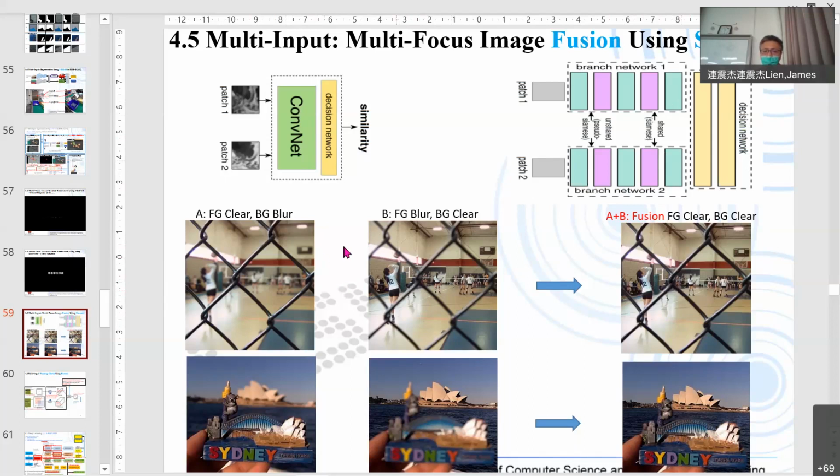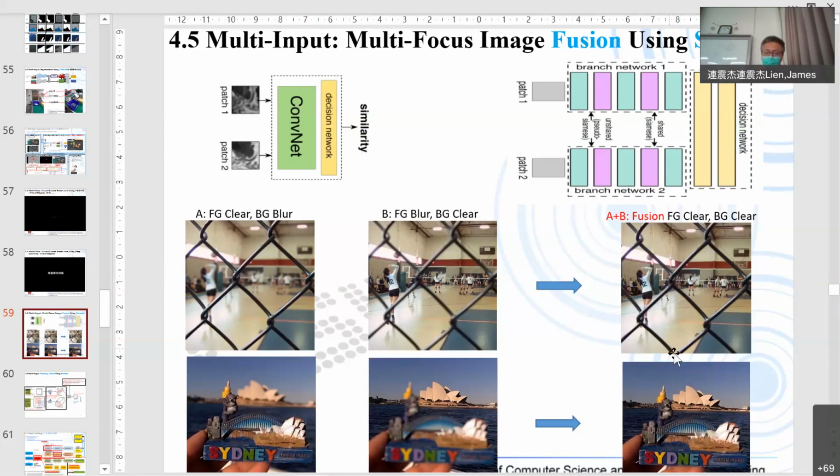So we fuse both images into one clear image, so that no matter whether it is foreground or background, all is clear. We take this one, take this one, and fuse them into the result.